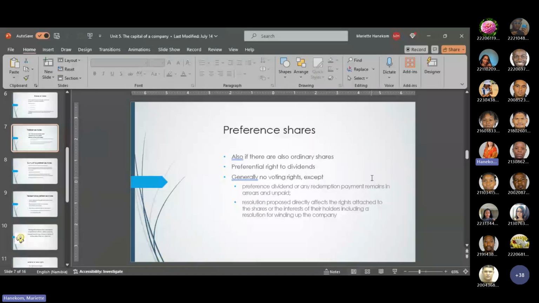Preference shareholders don't normally have voting rights, except if their dividends are in arrears. Please be careful here. It's the dividends that are in arrears. Don't tell me the shares are in arrears. Shares cannot be in arrears. It's the dividends that are in arrears.